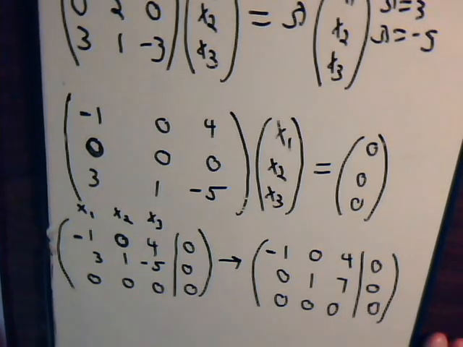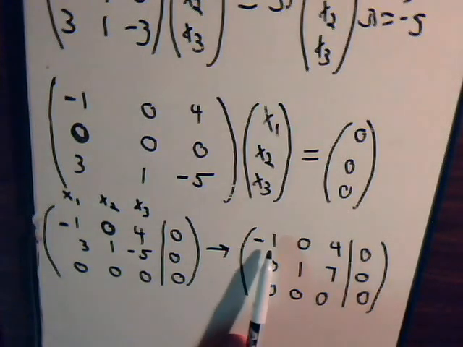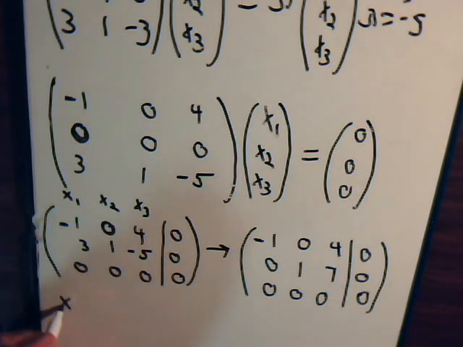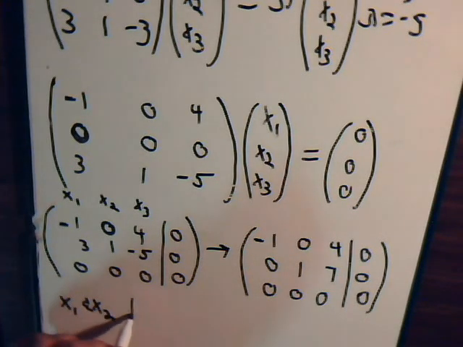We look at the matrix and we see that x1 is a lead variable, x2 is a lead variable, and x3 is a free variable. So what we do now is what we've done in the previous videos. We express the lead variables in terms of the free variable.